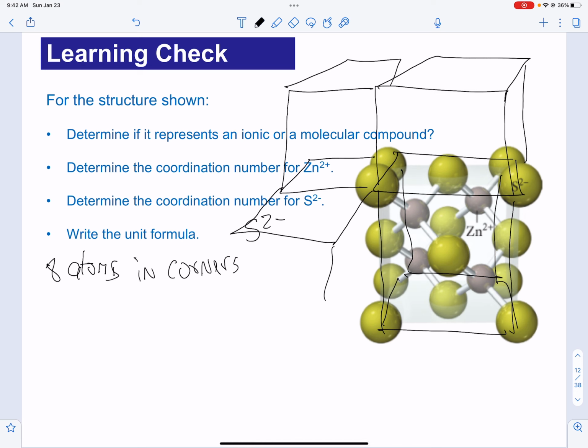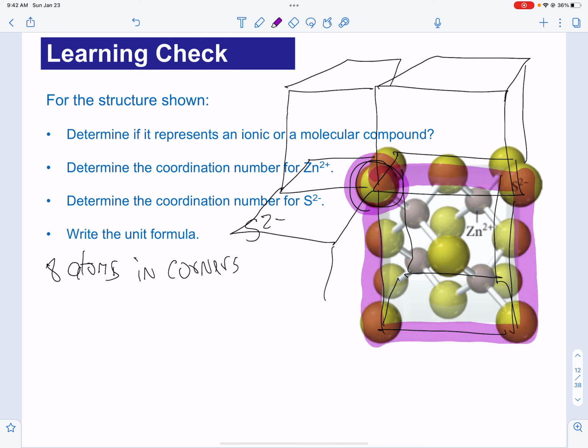So when you finish doing all that, the only thing of this atom that belongs to this unit cell is only 1/8. There's going to be 8 cubes all around it. So only 1/8 belongs to this cubic cell. And there are 8 of them. So all those corners represent one atom only.